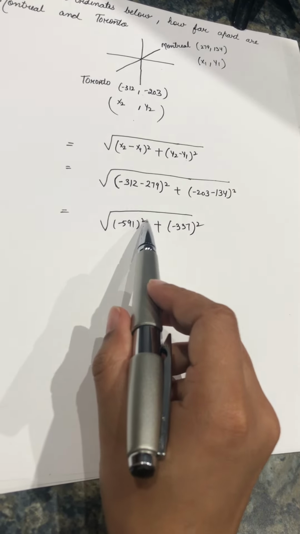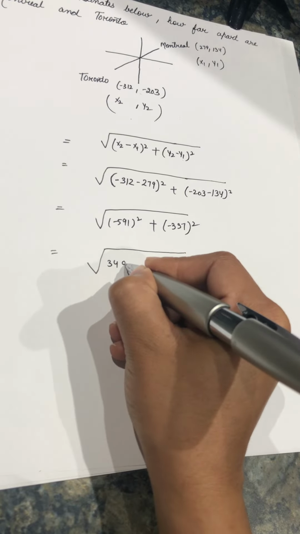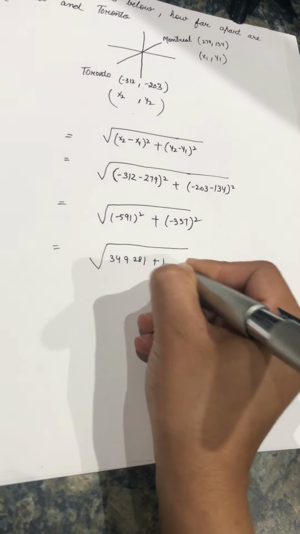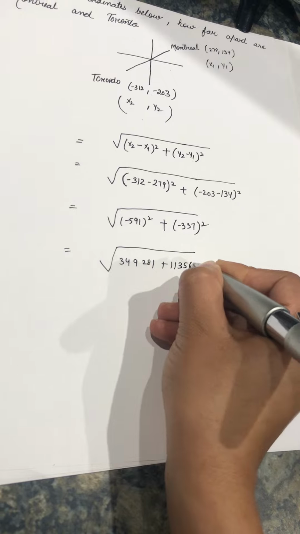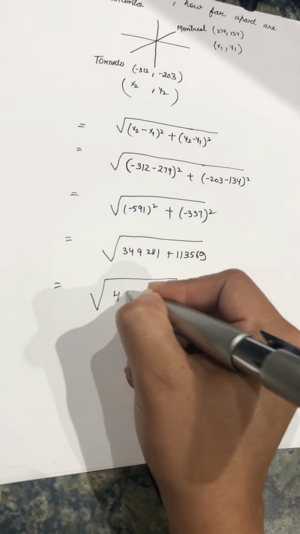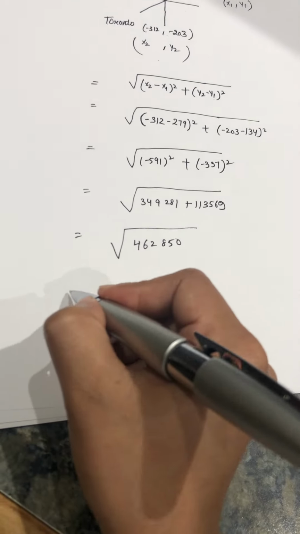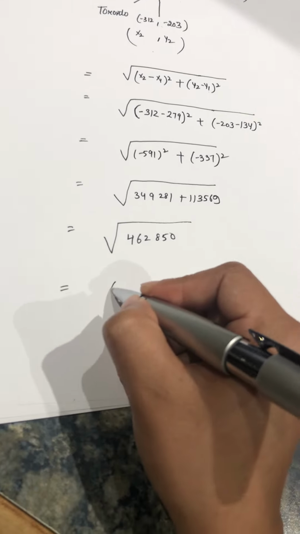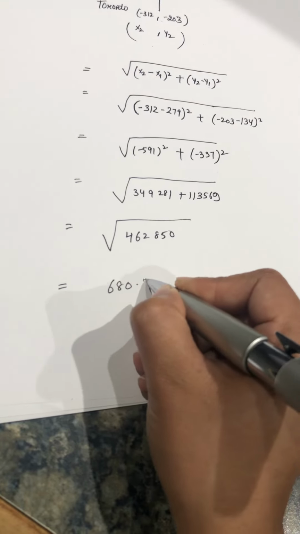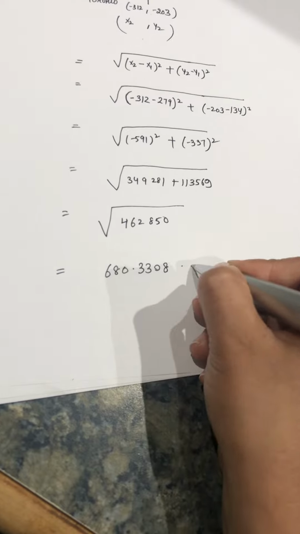So again, this square will cancel the negative sign and convert it into a positive: 349281 plus 113569, which is going to be 462850, and this is the square root of 680.3308, and so on.